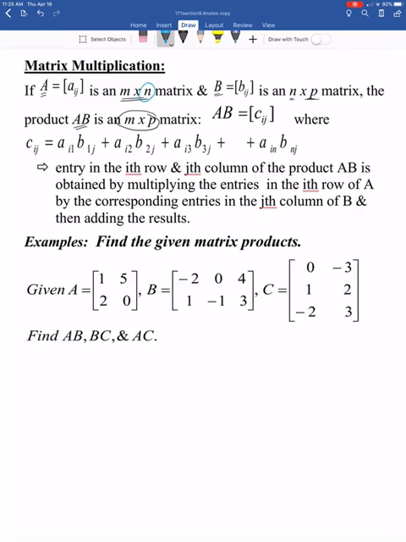The columns from our first matrix must equal the rows from our second matrix in order to multiply. If they're different, the product is undefined.